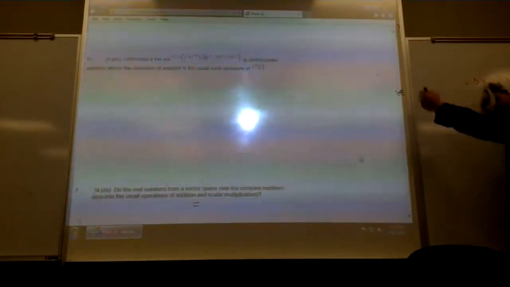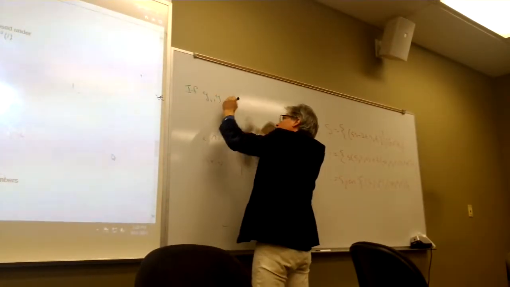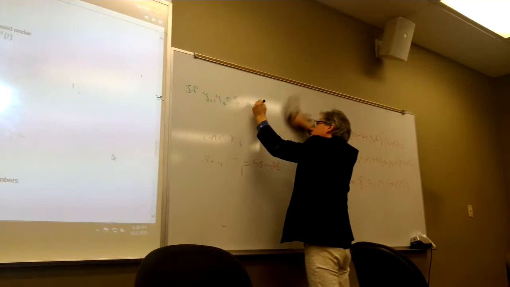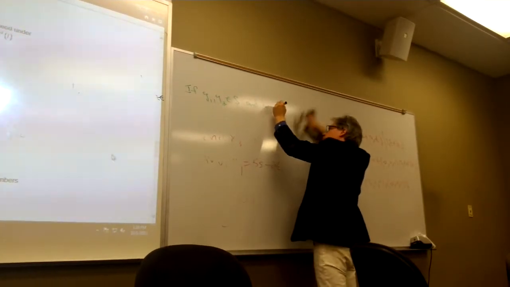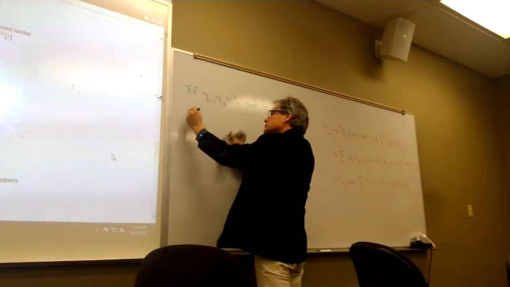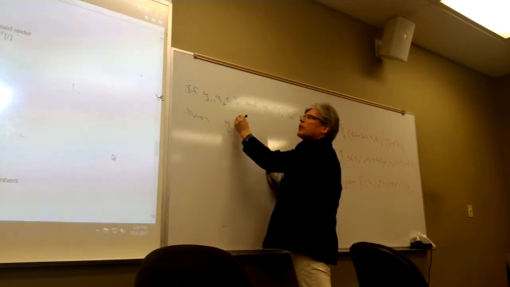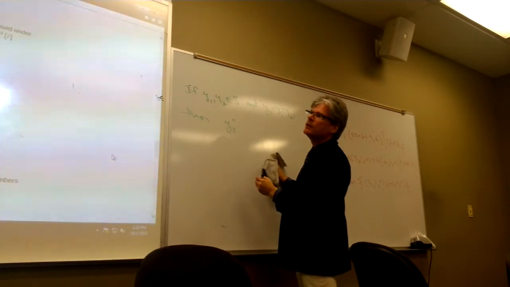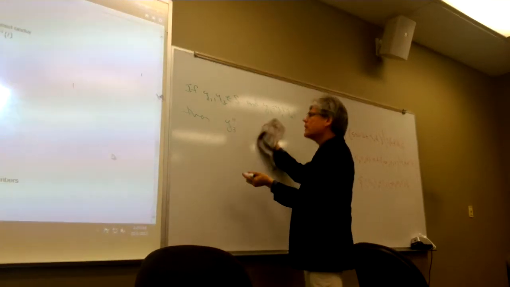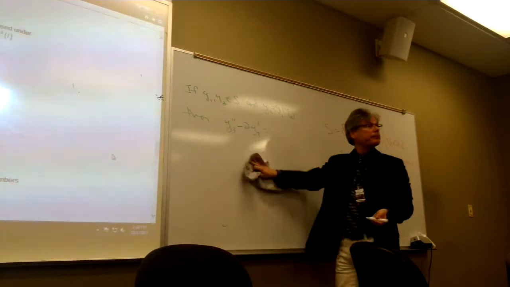Because I think if y1, y2 are in that set S and y3 is equal to y1 plus y2, then when I take a peek at y sub 3 double prime minus 2y prime, here's what I get.